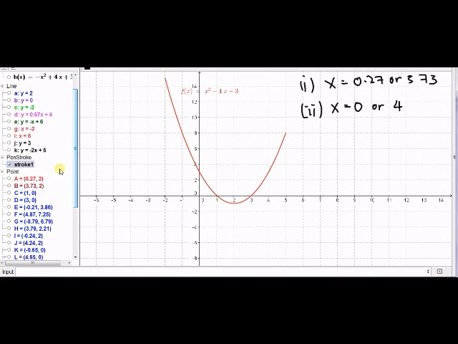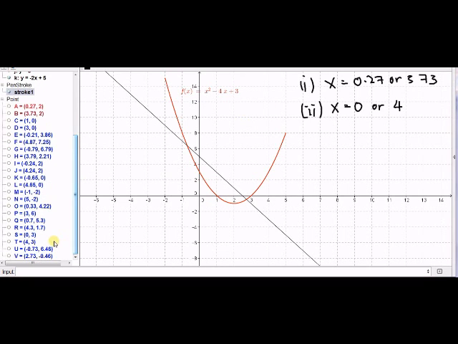So where is the straight line? This is a straight line that represents y equals negative 2x plus 5. And let us look at where they meet one another. They meet at point U, where the coordinate of x is negative 0.73.